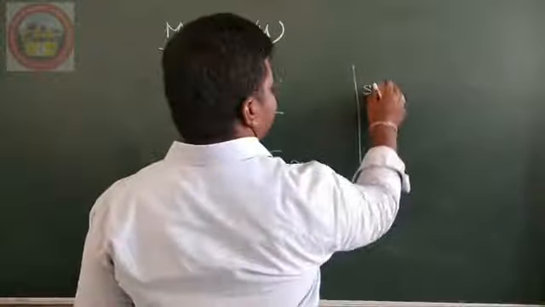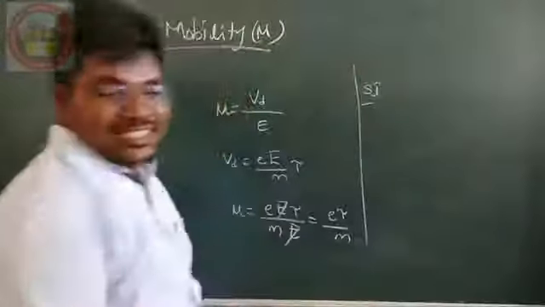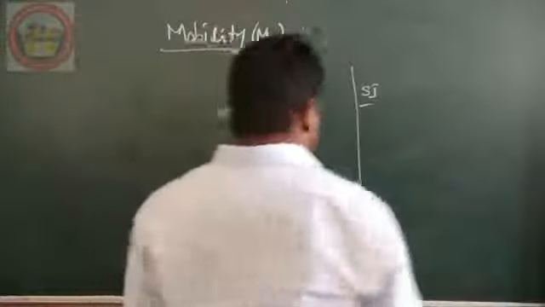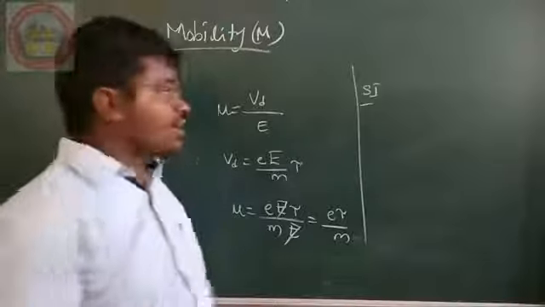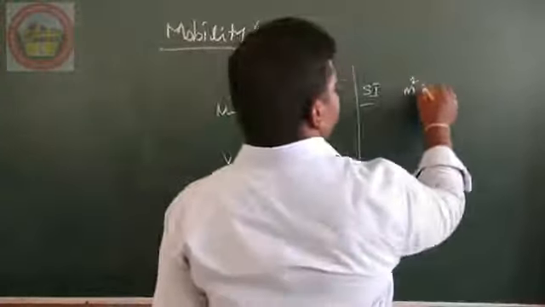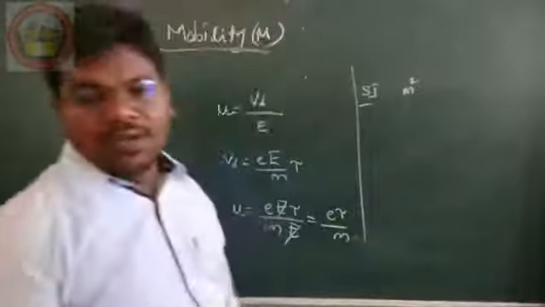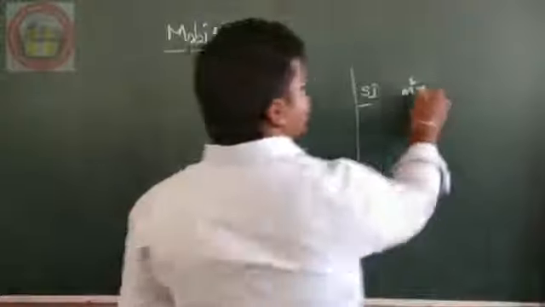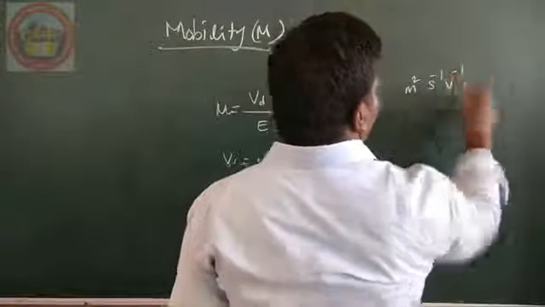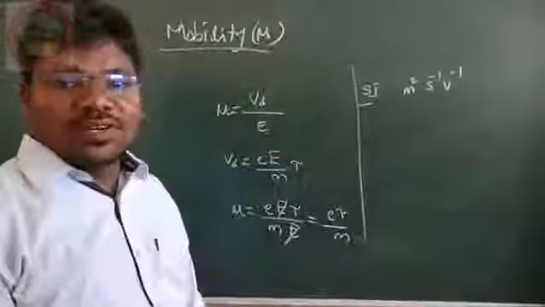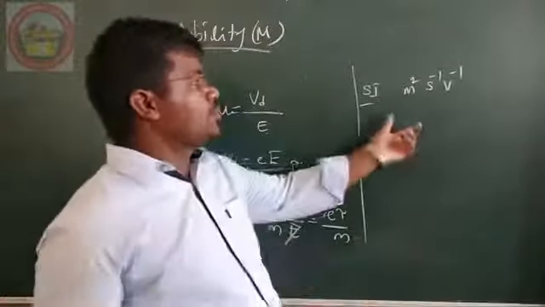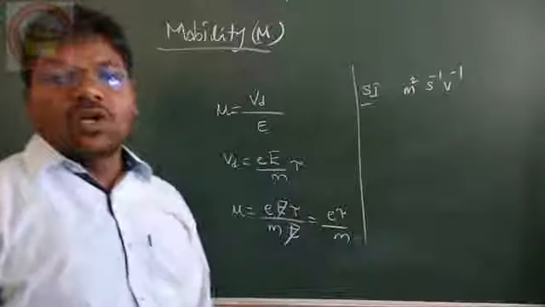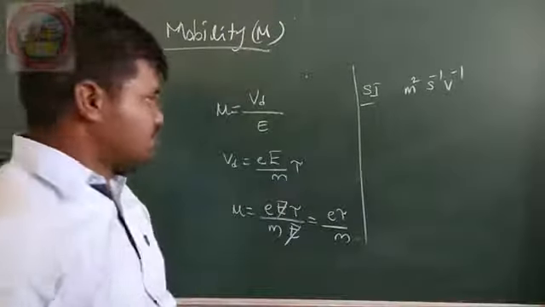SI units: its SI unit is meter square second power minus 1 volt power minus 1. Okay, understand? This SI unit is meter power 2 second power minus 1 volt power minus 1.